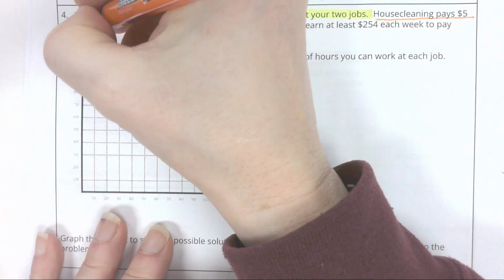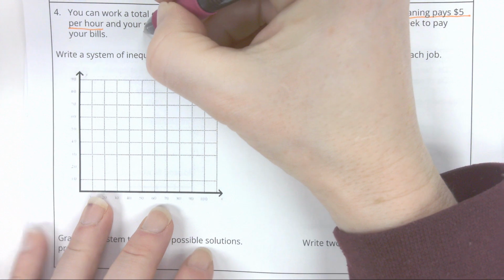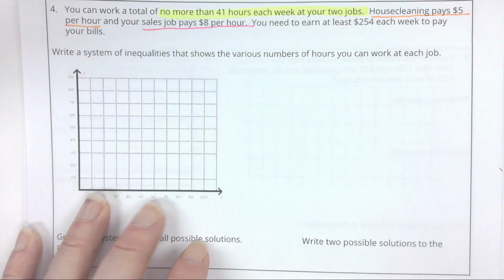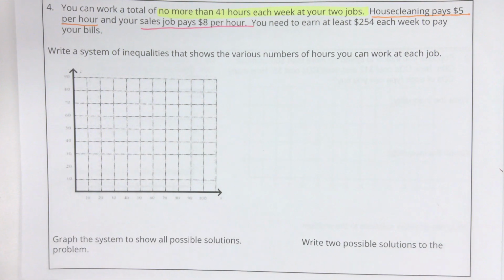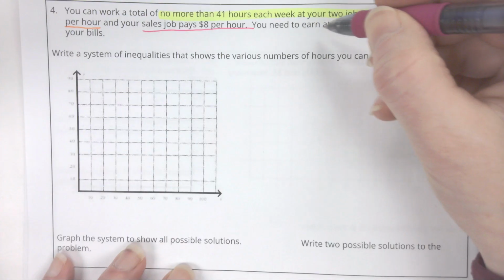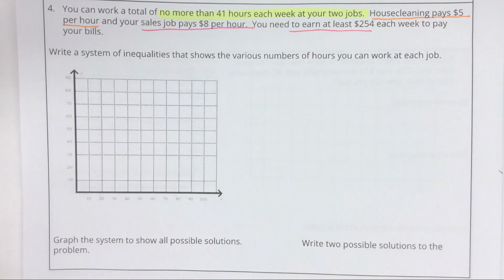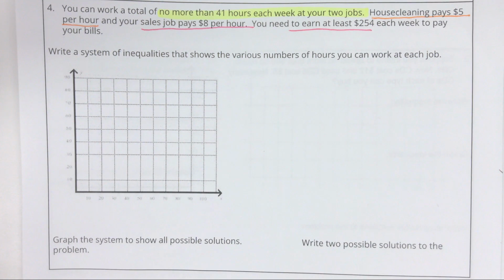Sales job pays $8 per hour. Yeah, this is old. You need to earn at least $254.